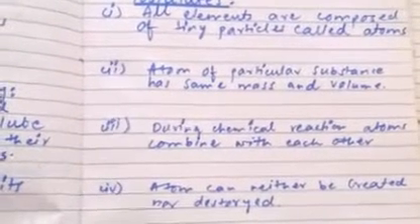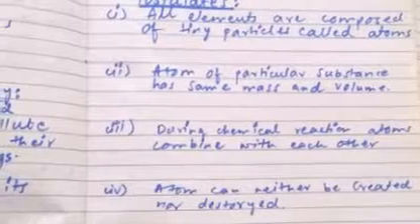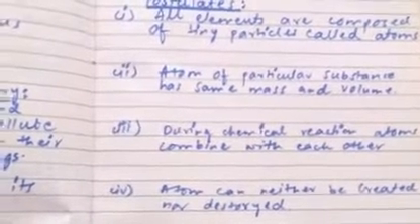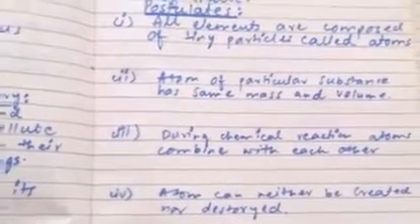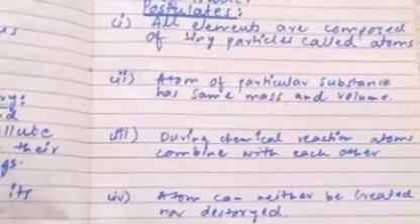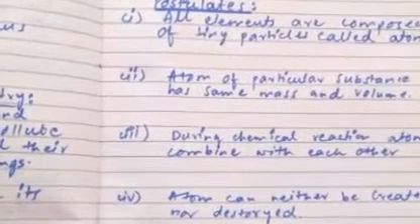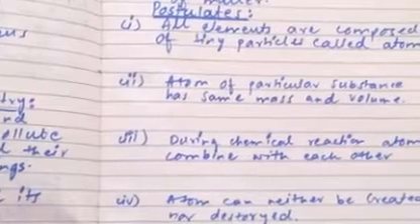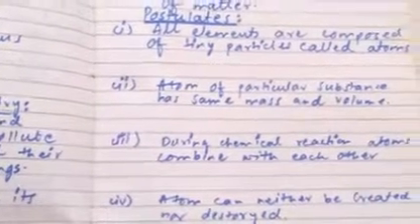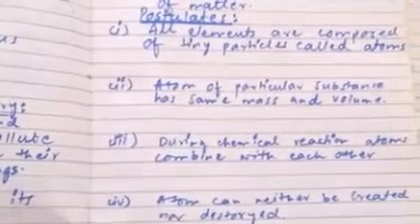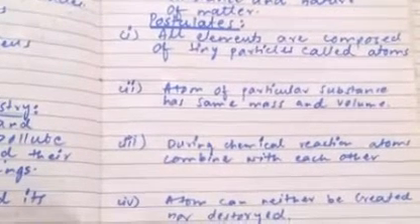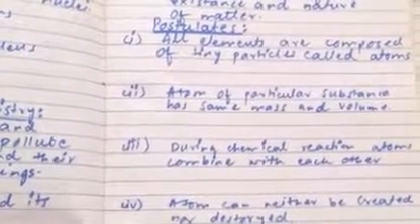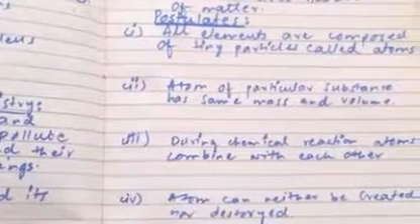The third one is that atoms during a chemical reaction combine with each other and form a new substance. And the fourth one is that atoms can neither be created nor destroyed, but only change from one form to another. They may be changed into elements, compounds, and then into mixtures. So these are the four postulates of Dalton's atomic theory, which was proposed in 1803.